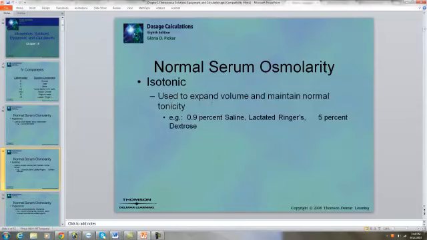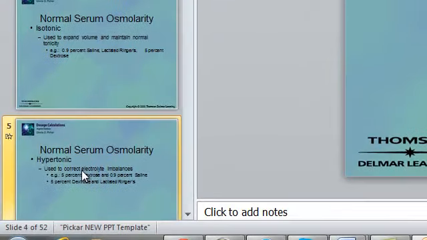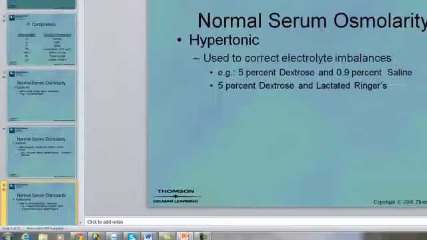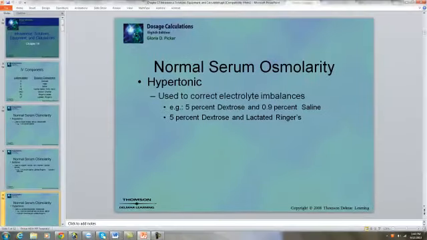Isotonic is used to expand volume and maintain normal tonicity, such as 0.9% saline, lactated Ringer's, 5% dextrose. Hypertonic is used to correct electrolyte imbalances, such as 5% dextrose, 0.9% saline, 5% dextrose, and lactated Ringer's.